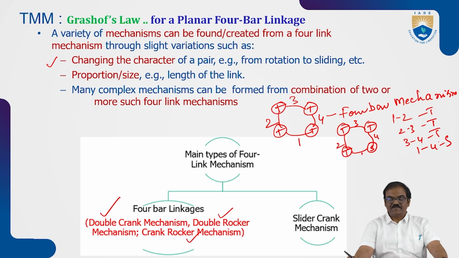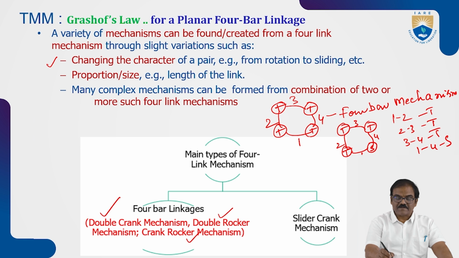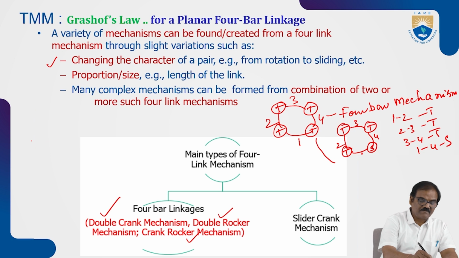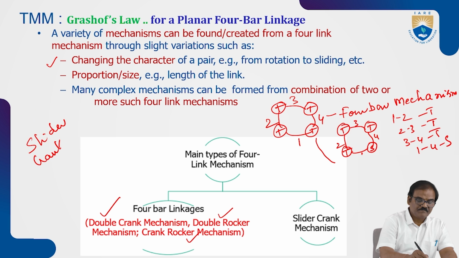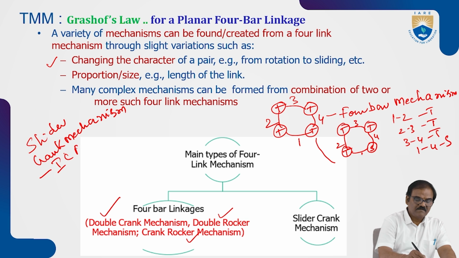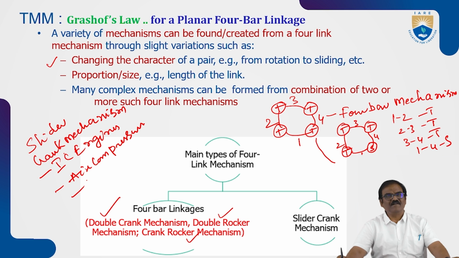By changing the character of 1 to 4 from turning to sliding, the resulting mechanism is called the slider crank mechanism, which is applied in IC engines, air compressors, punch presses. Like that, it has a lot of applications.